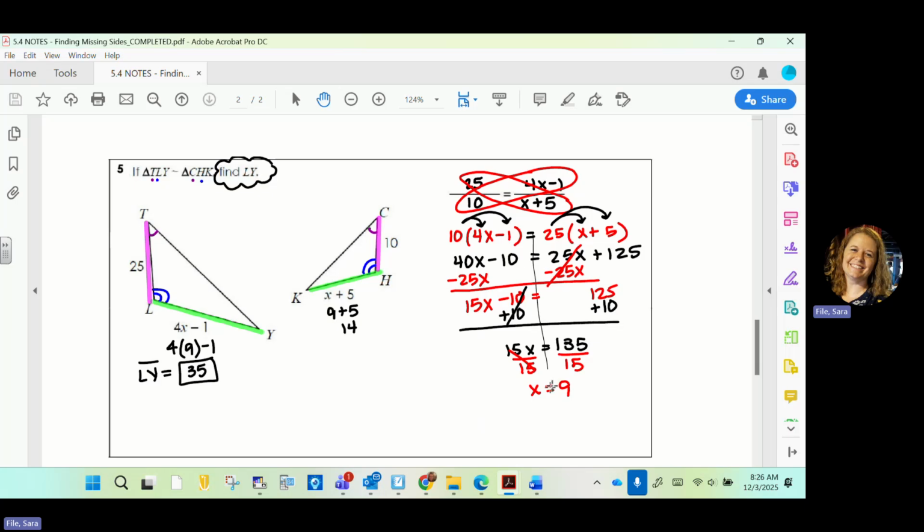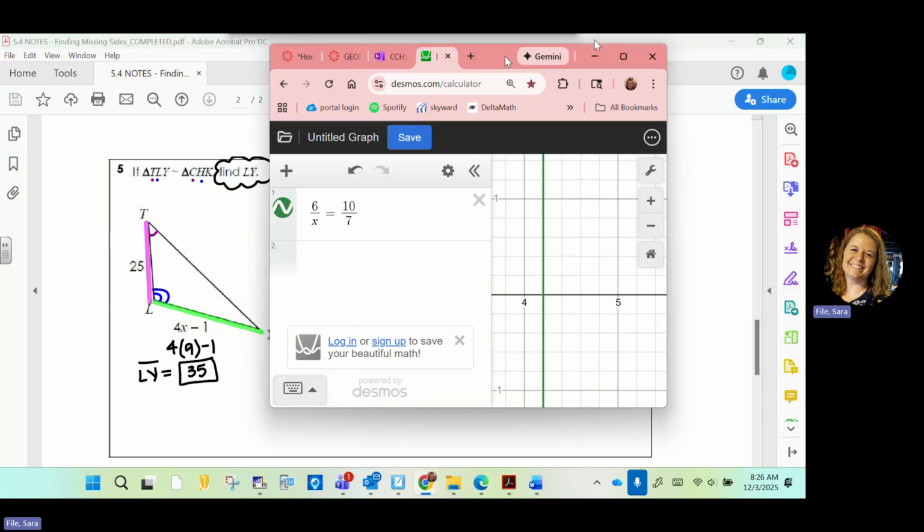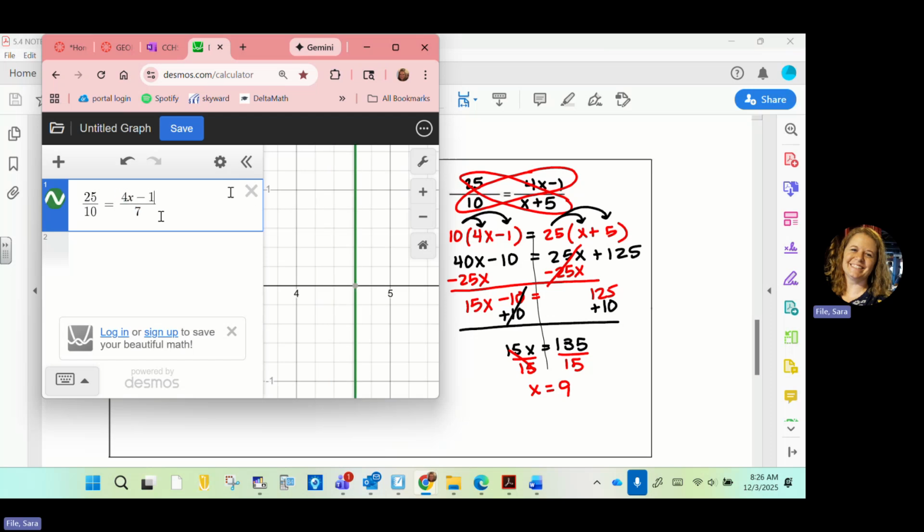This is where that Desmos trick can really help you out, because I want you to see, if I were to type this proportion that we set up on this complex one, 25 over 10 is to 4x minus 1 over x plus 5.